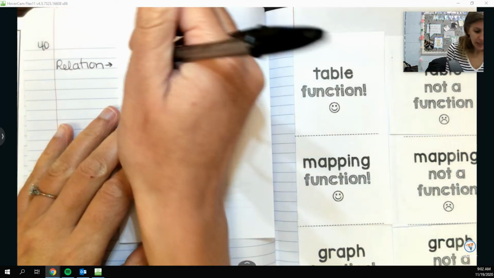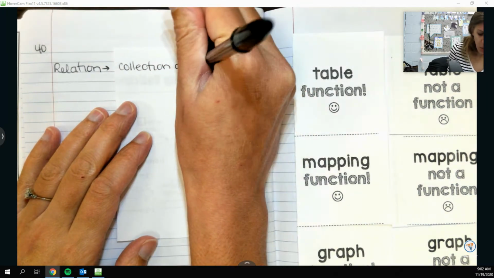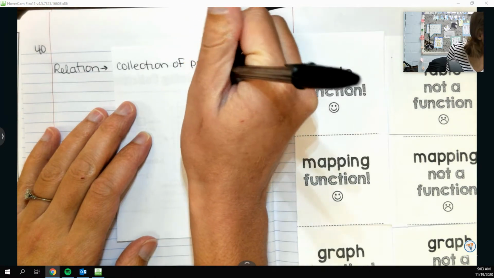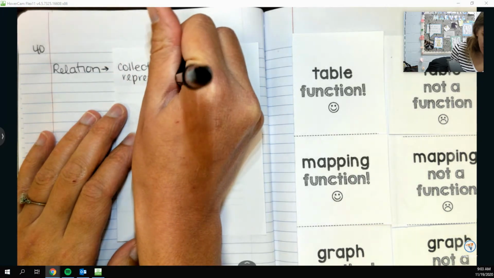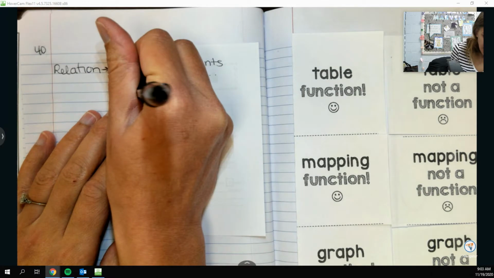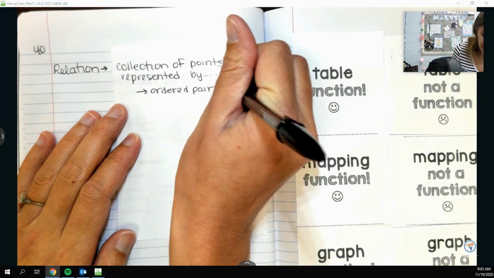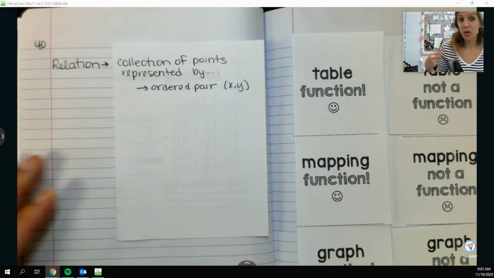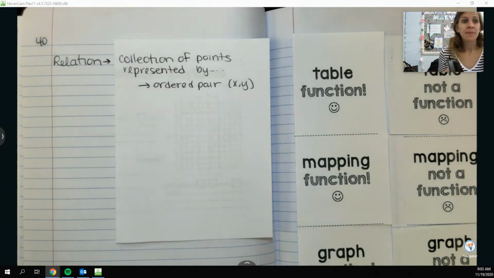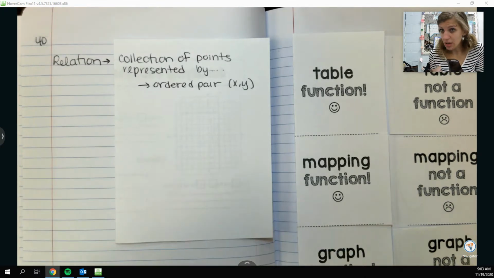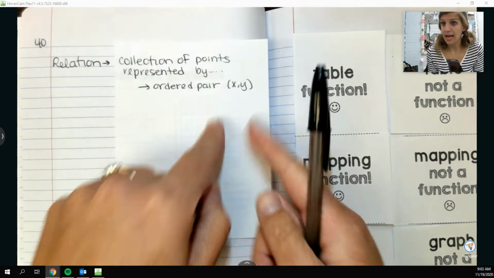So a relation is a collection of points that could be represented in different ways, either by an ordered pair, like x comma y. So a relation would be a collection of those. It could be one of those or two of those or three of those or whatever. Again, it's a relationship between two things. It's kind of the relationship between x and y.